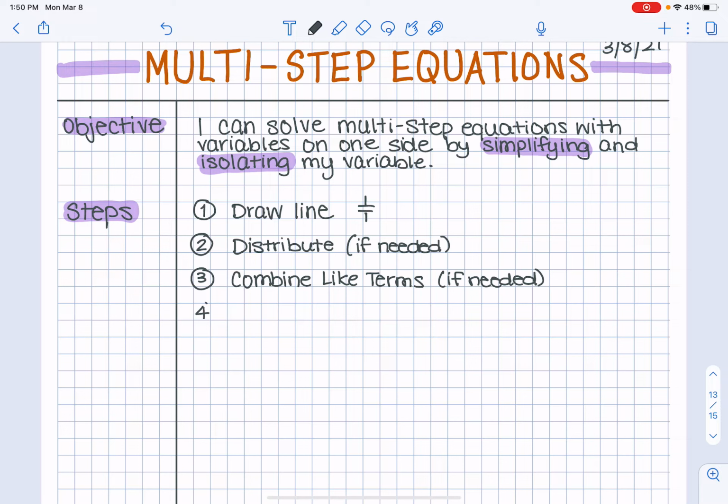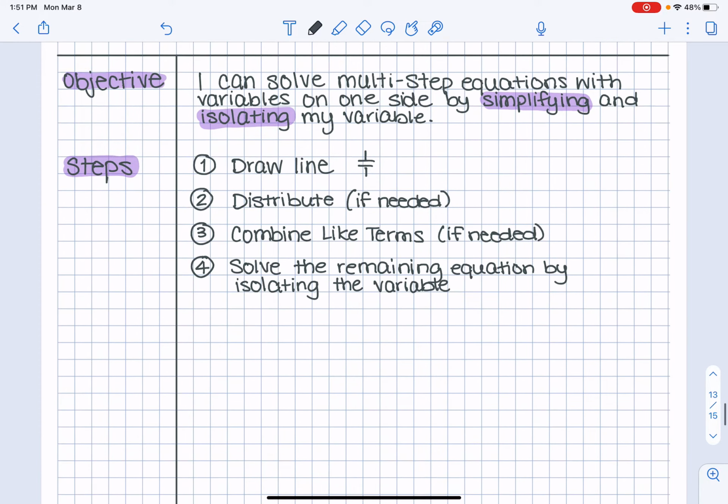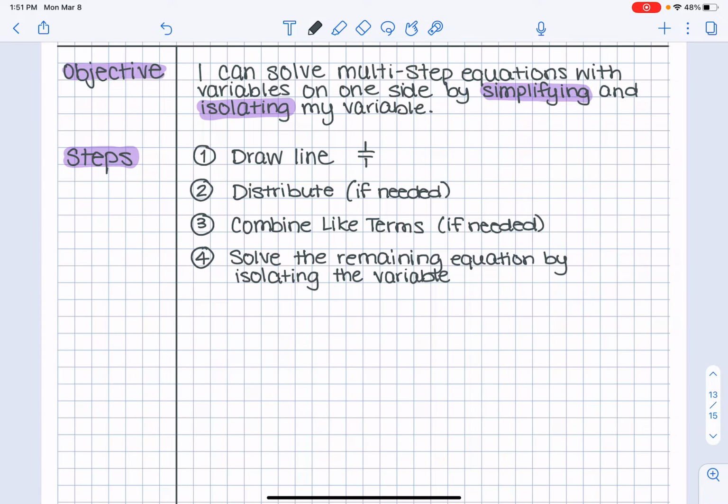And then I'm going to solve the remaining equation by isolating the variable. Okay? So those are our steps. So now that we know our steps, let's practice on some examples.